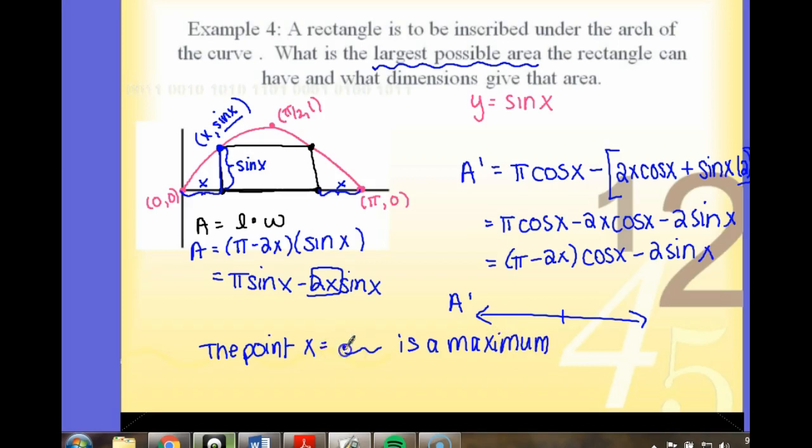So the point x equals 0.71 is a maximum because, in the range 0 to pi, a prime changes from positive to negative, which implies a maximum point. They typically give you the range, so you would just reiterate it. That's what they want.